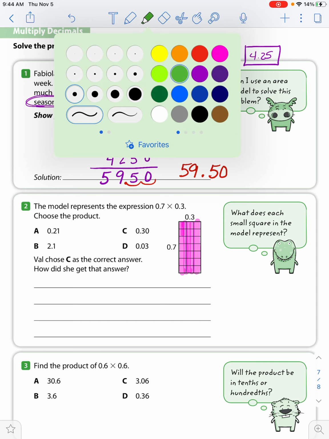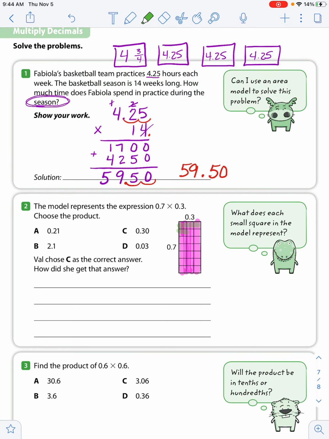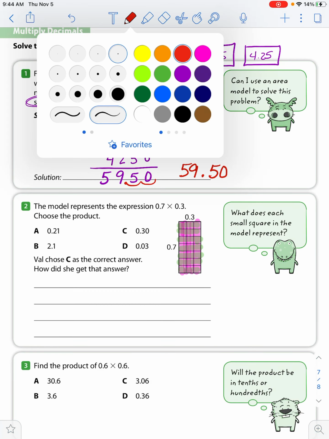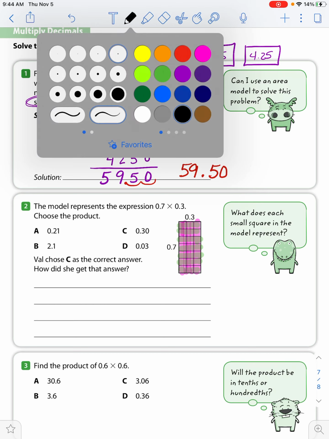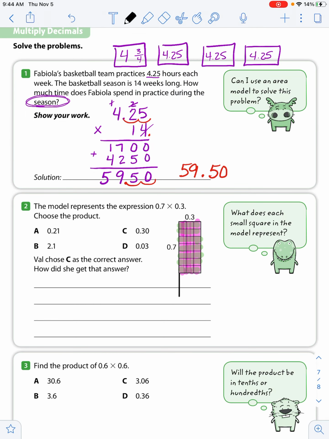Hold on, let me show you. This is only 1, 2, 3, 4, 5, 6, 7 columns. Realistically, if this were actually 3/10, it would go down here this many times, but those would not be shaded. So this model shows just the shaded part of 3/10 and 7/10.